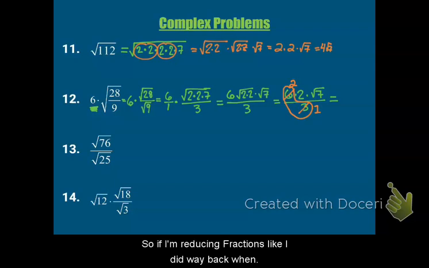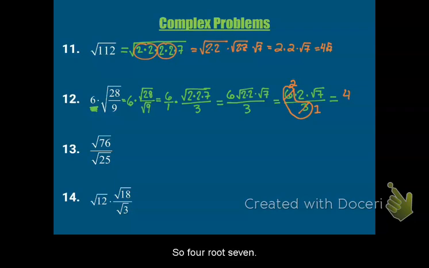So if I'm reducing fractions like I did way back when, I can do that here. And then in the numerator, I've got 2 times 2 times root 7, so 4 root 7. And then in the denominator, I just have a 1. I don't really need to write that 1. Anything divided by 1 is just itself, so 4 root 7.